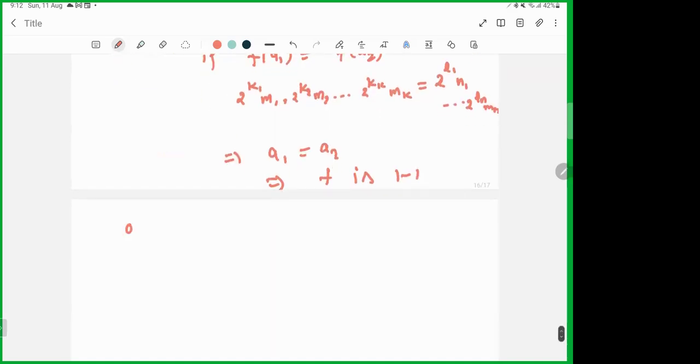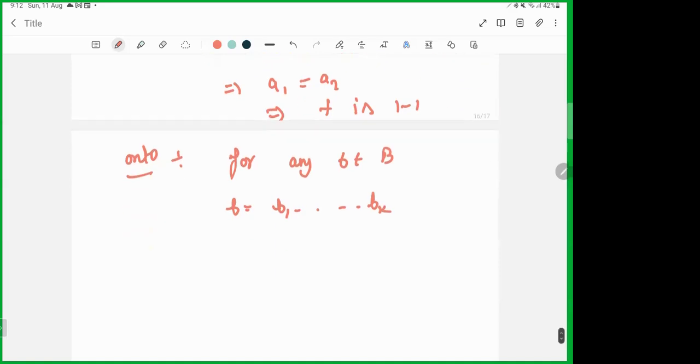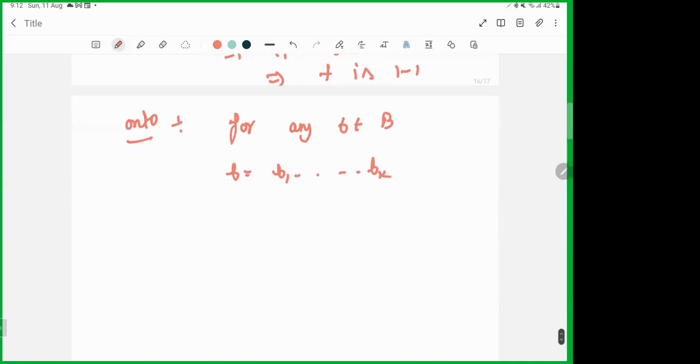And for any b belonging to B, b is of the form b1, b2, bk. So what you will do? It has distinct odd parts.